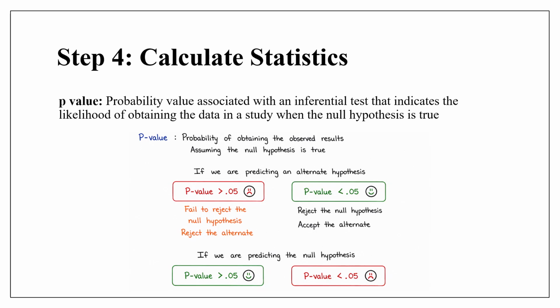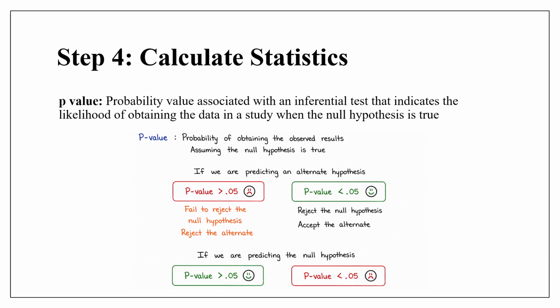But there will be some cases when researchers are predicting the null hypothesis, and the null hypothesis says that you will find nothing. If that is the case, then getting a p-value that's greater than 0.05 is going to make you happy because we are going to fail to reject the null hypothesis, because our findings did not support the alternative.